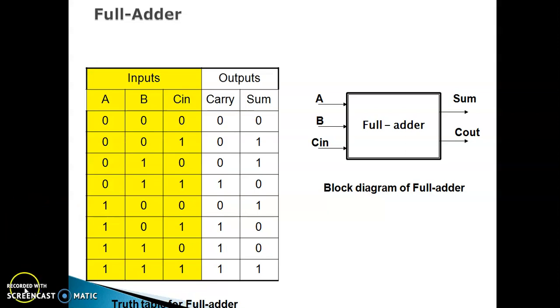Take an example, any combination, say A, B, C in all 1, 1, 1. We'll see how the addition takes place. First we add the first 2 numbers, that is A and B. If you perform the addition of 1 plus 1, the sum will be 0 and carry will be 1. We already studied in the half adder circuit how this addition takes place.